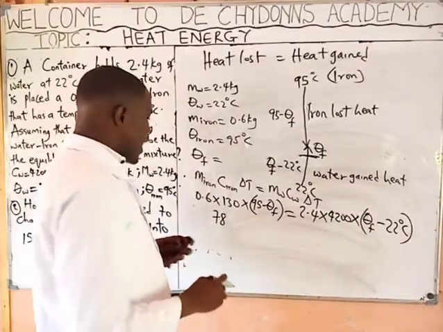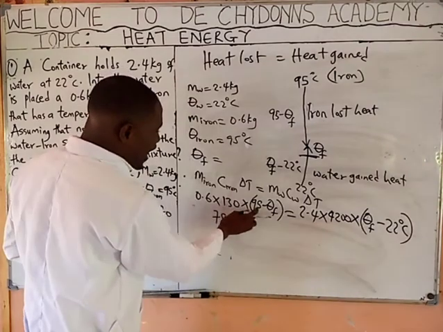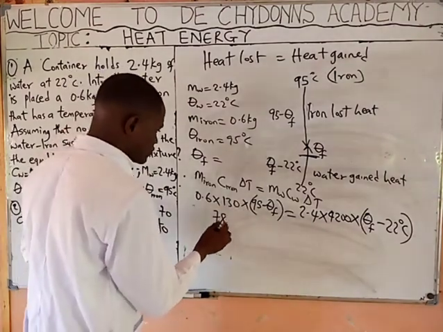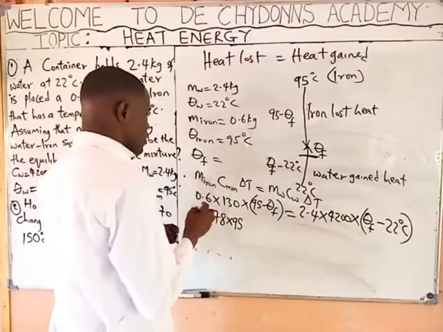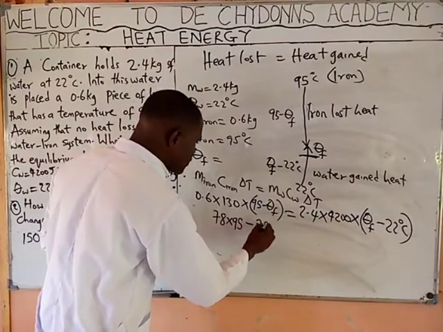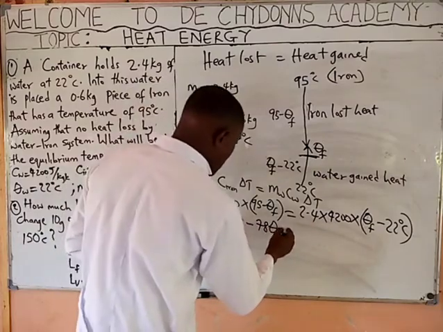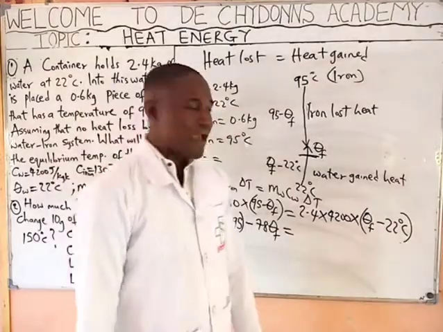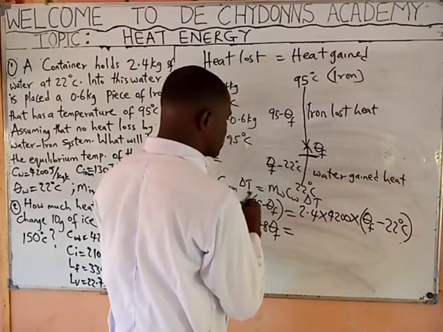Okay? Then 78 times 95. 78 times 95 minus 78 times theta F equals to, okay, 2.4 times 4,200.